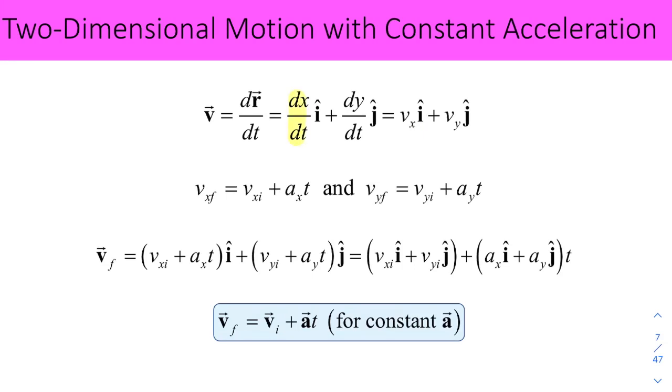So this one is your vx, and this one is your vy. As we know, V consists of two pieces of information, vx and vy. So in terms of dx over dt, you can put it like this.